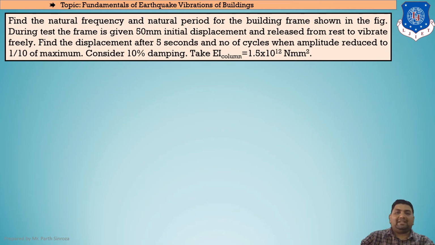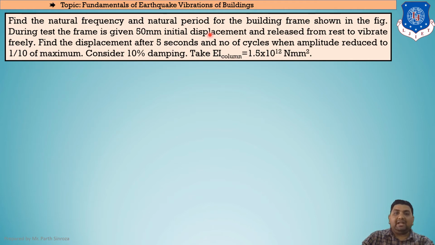So moving on to the next sum, the question here is: find the natural frequency and natural period for a building frame as shown in the figure. During the test, the frame is given a 50 mm initial displacement.